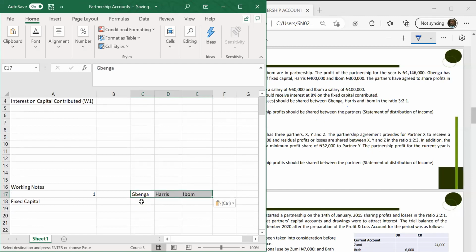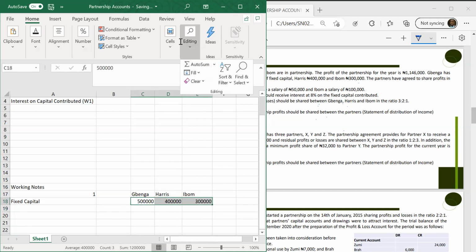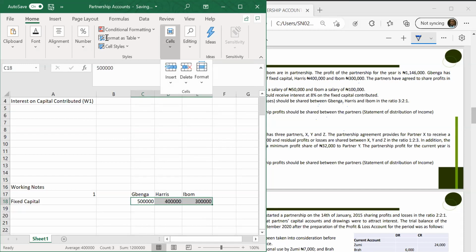How much is your capital? Benga is 500,000. Harris is 400,000. And Ibom is 300,000. Please, we have done this before in our other classes. Calculate the interest for each one for me and be calling it out.